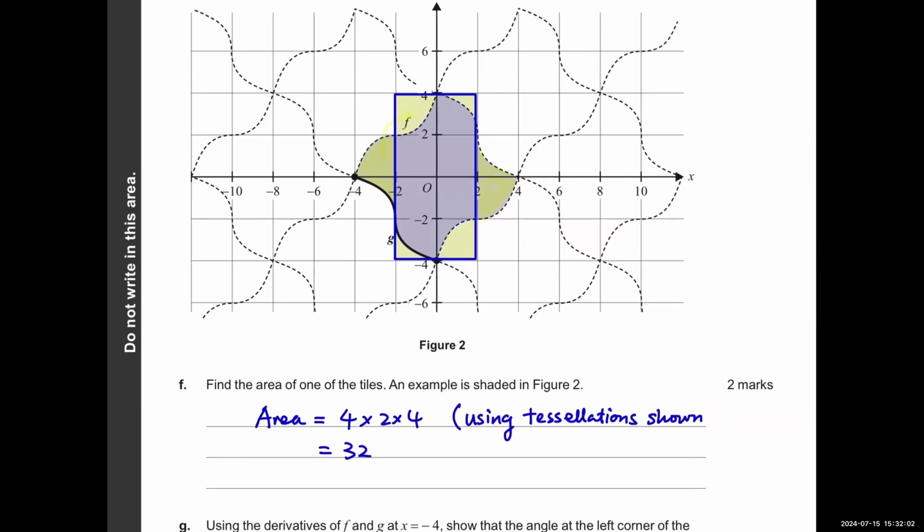Shown. Okay. There's nothing wrong to do an integration. You can just find, let's say, this is your f of x, I suppose. Just use your f of x, integrate from -4 to 0. 4 lots of the integral from -4 to 0 of f of x dx. And that also gives you 32, I suppose.